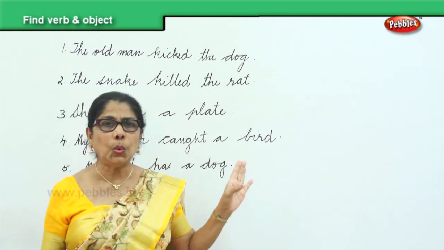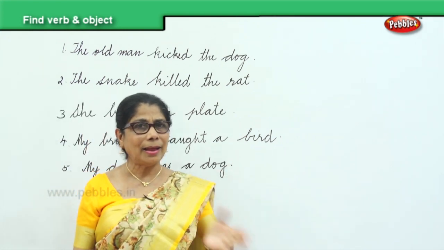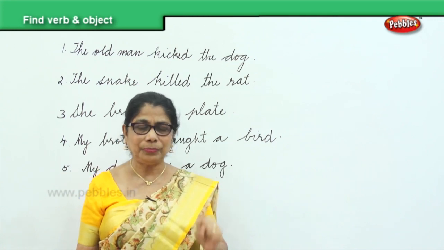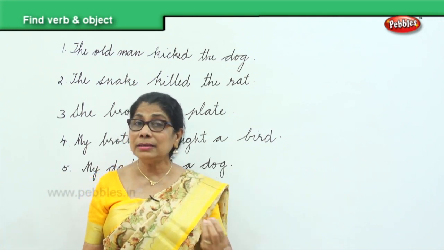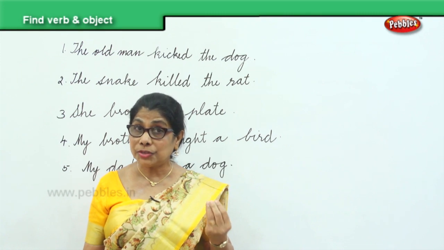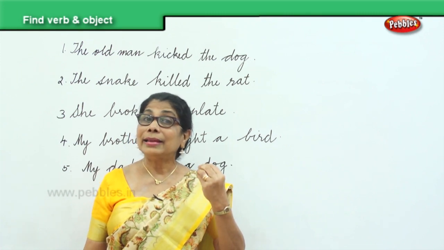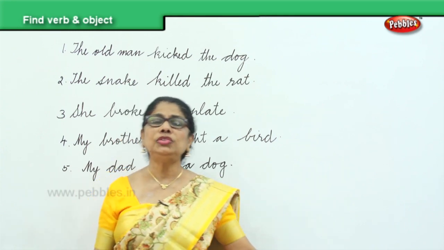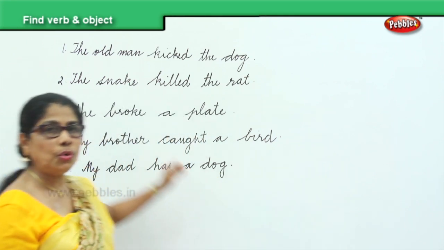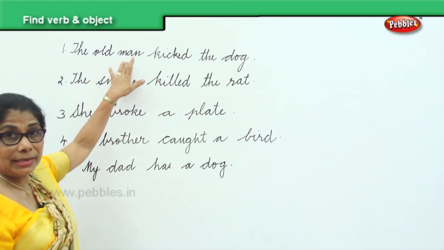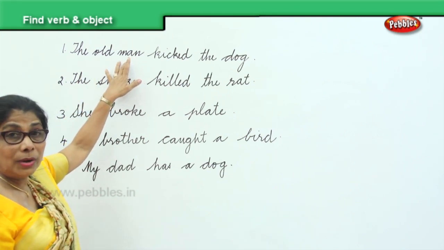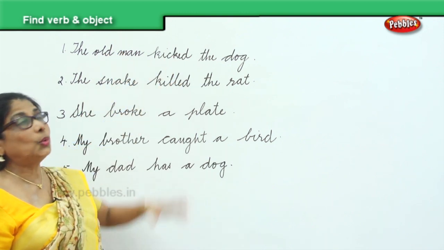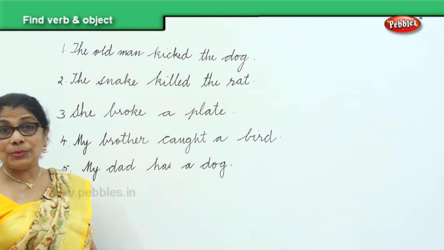Now we know from the last exercise how to identify the subject. Now, you must look at the subject. You must always remember the verb follows the subject. Since you know the subject is the old man, what is the verb? What is the action he's doing? Kicked.